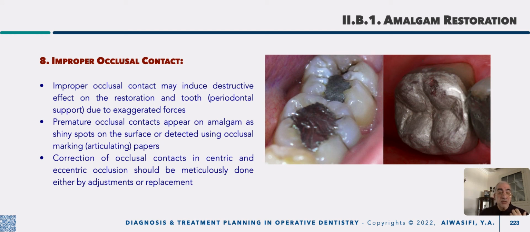But if it does not appear, you shouldn't depend on this shiny facet, but you should use articulating paper to determine the extent of the problem. Finishing and polishing will solve this problem for the patient.